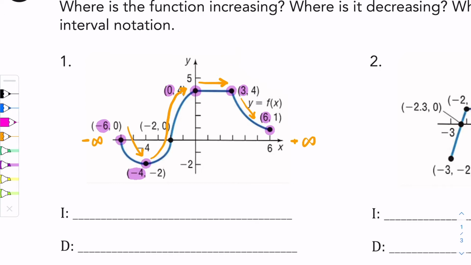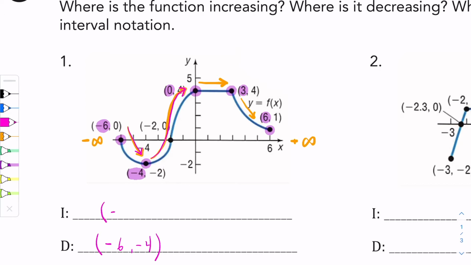All right, starting on the left, right here, we are decreasing from -6 to -4. At -4, we increase until this point, highlighted in purple, and that's until 0.